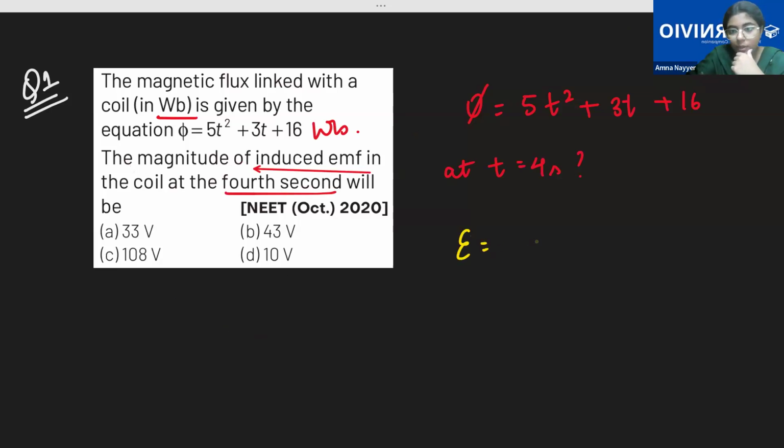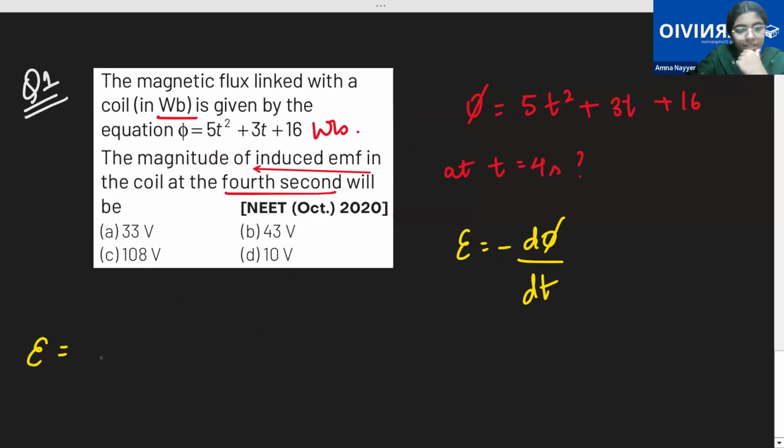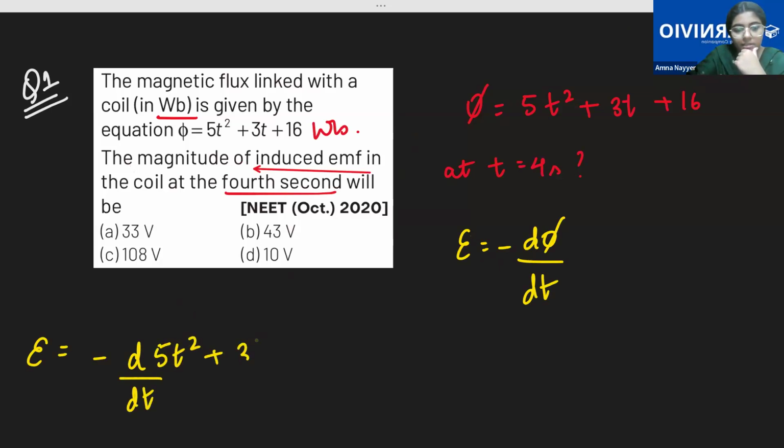We know E is equal to minus d phi over dt, right? So when you differentiate this entire term, 5t square plus 3t plus 16, minus of it is 10t plus 3, this much volt.